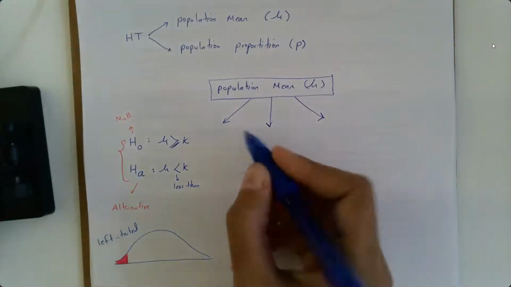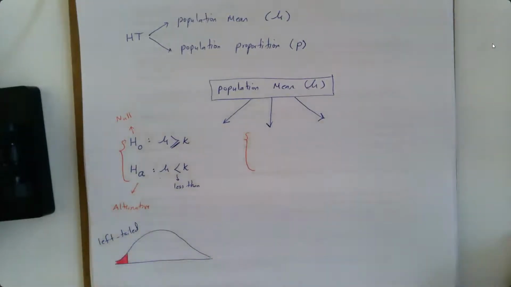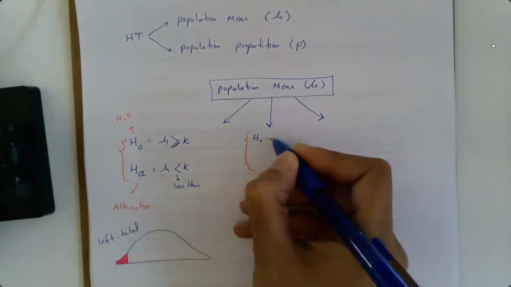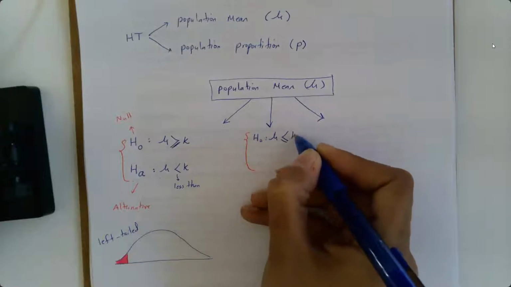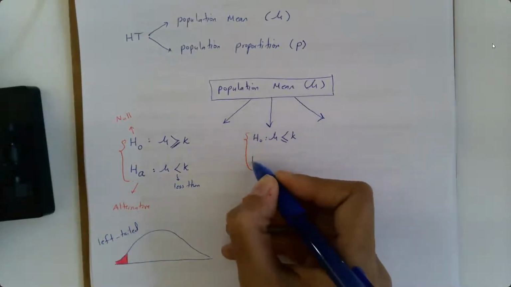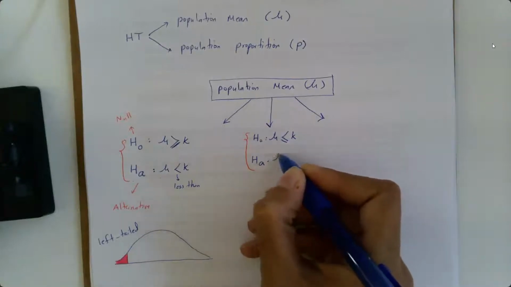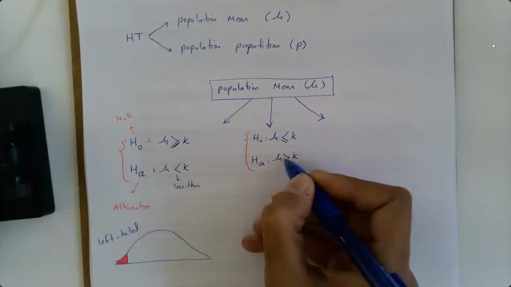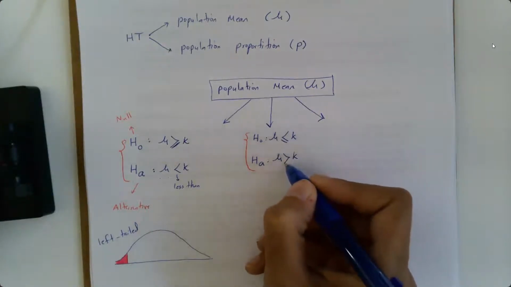The second case is, well, your null hypothesis says the mean is less than or equal to a number like k. Its opposite, the alternative hypothesis, is the mean is larger than k. The opposite of less than or equal to is larger than, greater than.